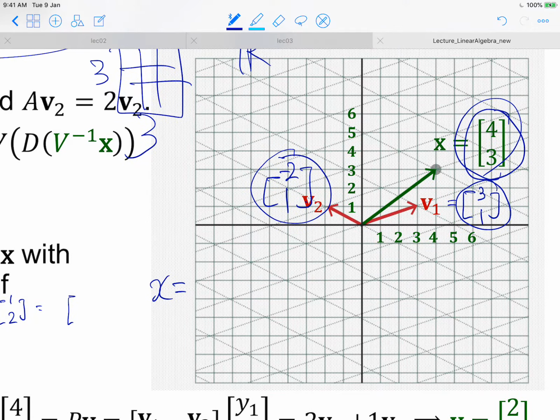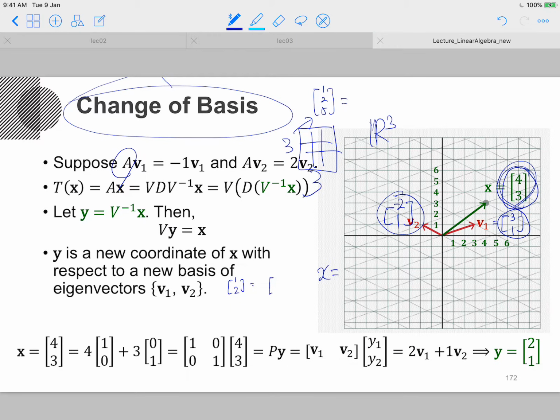For example, 4, 3 can be represented as 3, 1 times 2 plus negative 2, 1 times 1. That is the linear combination representation in terms of eigenvectors, right?